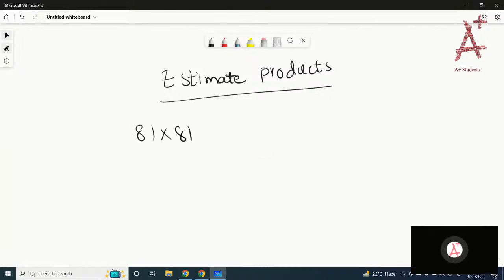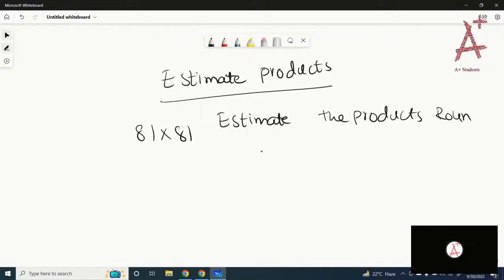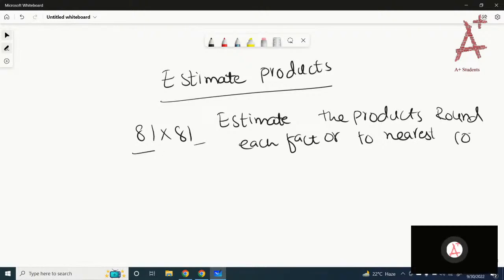First we have to round off. Okay, so basically we have to round them to the nearest 10. So we have to round to the tens digit.